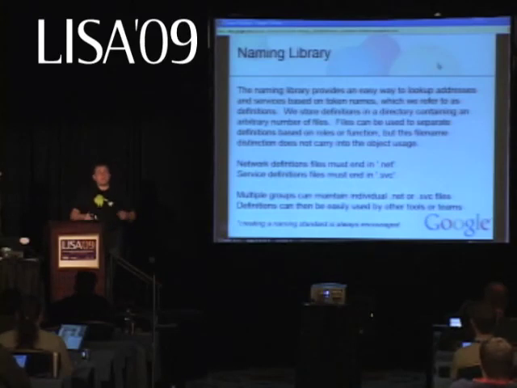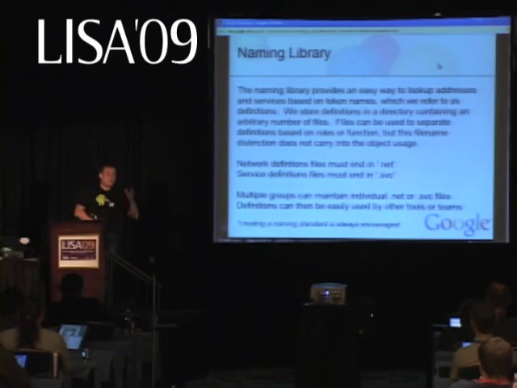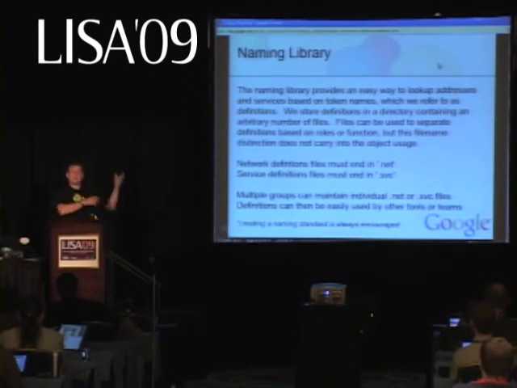But if, for example, you had 2 or 3 teams that each frequently owned certain types of addresses, like maybe a Corp SysOps team that says, we will define what machines are LDAP servers, and a network team that says, we will keep track of what is a bogon and what is a public IP, you can actually create 2 or 3 files and set your file permissions so that only members of your NetOps team could update the bogons list. And whenever somebody runs this naming library and generates an object, it will pull in their data. So you can have authoritative sources control who does what.